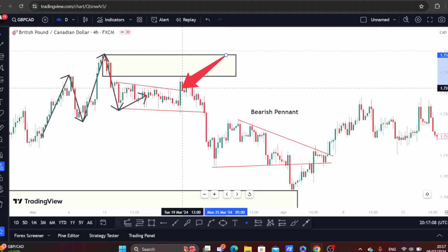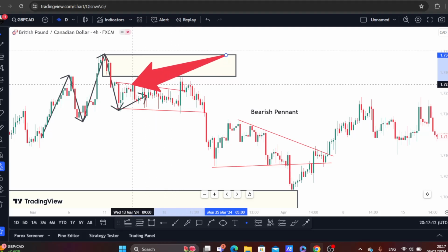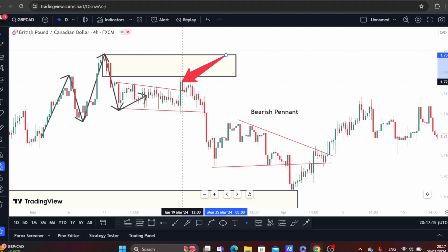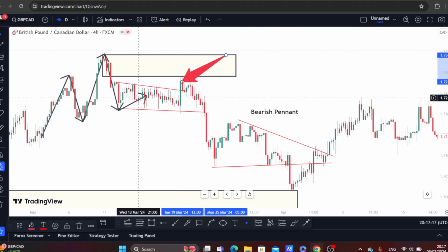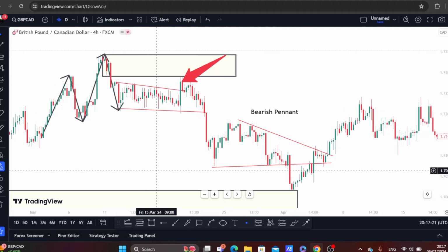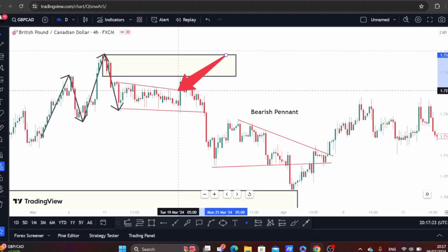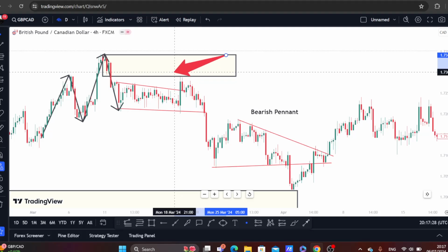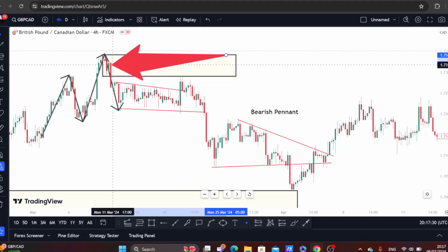What happens when you have a breakout of these chart patterns like this? You go long. But remember, when this head and shoulder was being created, you have no idea what was happening. So once we had this breakout, you went long and you're going long on a supply zone.